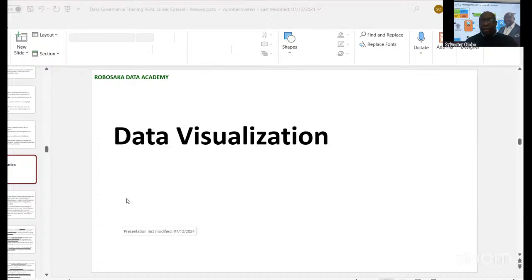When you carry out data analysis of some set of data sets or arrays, there's need for you to visualize those data. When you visualize data, you create a domain for a chief executive and other stakeholders to take a decision.